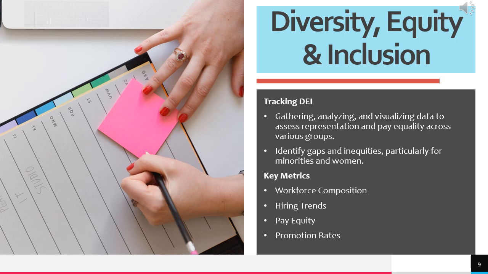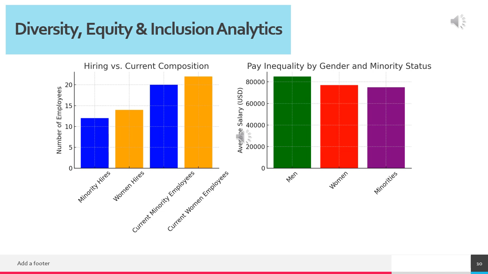DEI tracking can help organizations identify gaps and inequities in hiring, compensation, and career progression, particularly in minorities and women. By using analytics for DEI, we can start by tracking how many minorities and women are hired each year. The company can set diversity goals and track progress over time. If hiring trends indicate that fewer minorities or women are being hired, the company can revise its recruitment strategies.